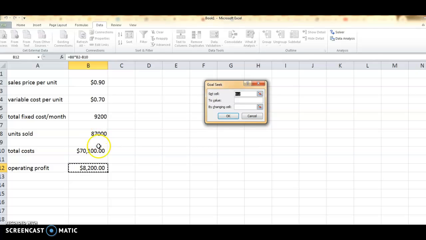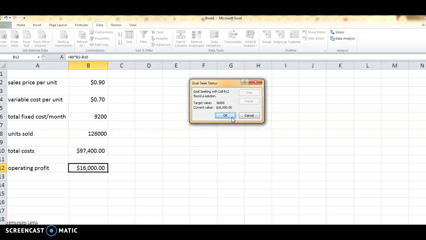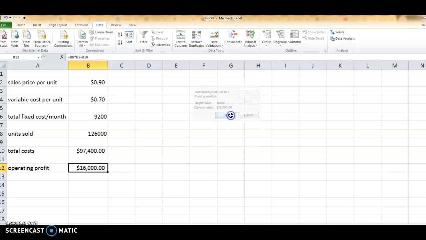So again, the set cell is the operating profit, which I happen to be clicked on already, so that's why that cell is okay for me. But now I want to have a profit of $16,000. And the cell that I'm going to be changing, again, is the number of units sold. And I'm going to go ahead and click OK. And it found a profit for me.